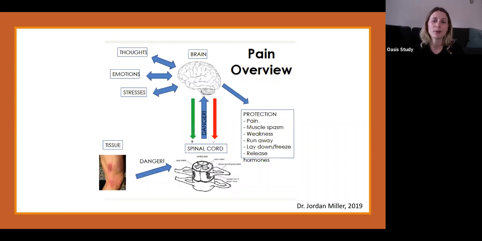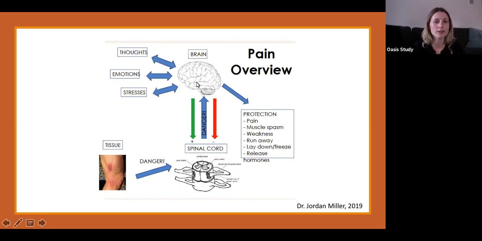So just a little bit more about pain. Like I mentioned, it's not always due to tissue damage. There are other components that are part of pain. So if you look at this little graph, usually you have tissue, sometimes you have damage or other triggers that can happen. And then that sends out a signal to your brain. And there are different components that play into it before sending out an output.